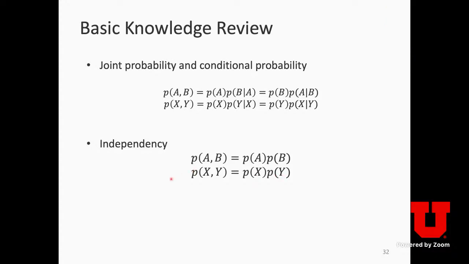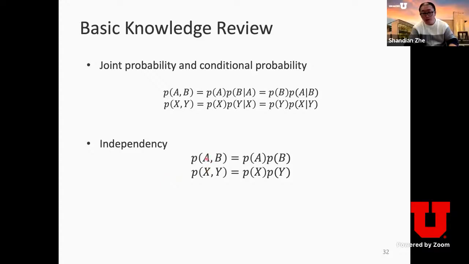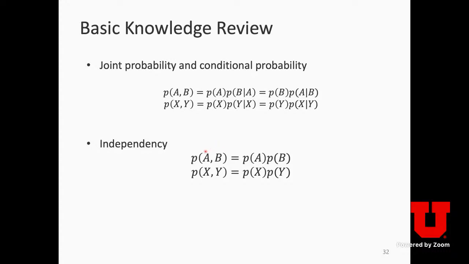What's the difference between joint probabilities and the intersection between two events? That's a good question. Joint probability, you mean for the events, it basically says that P of A, B is actually P of A intersection with B. So they are equivalent. Yeah, same as.